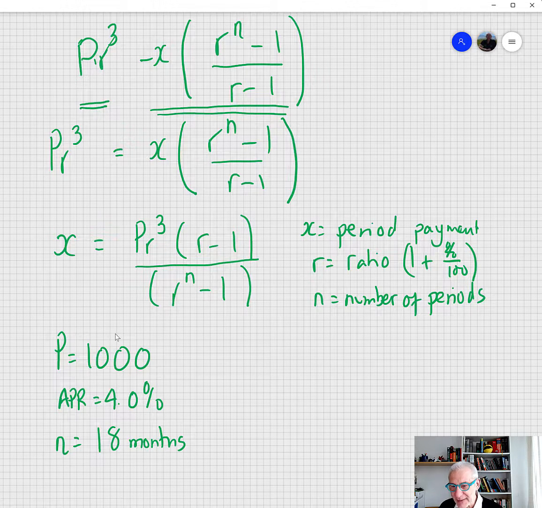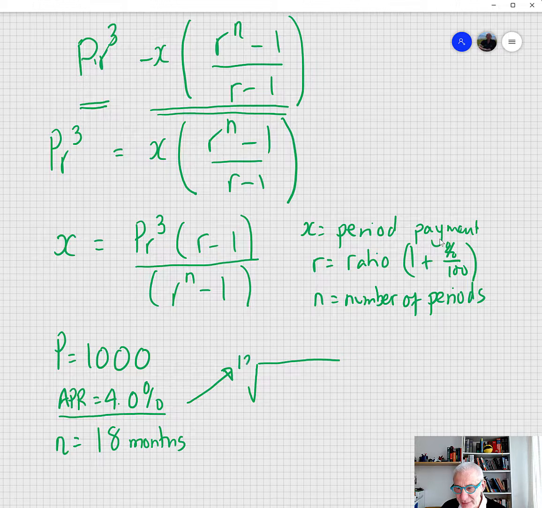Our first step then is to find out what the APR as a percentage per year is as a monthly repayment rate. And the way to do that is to remember that because we're compounding every single month, adding interest every single month, we can't just take the APR and divide by 12. We actually have to find the geometric mean to find out what the period rate is going to be.